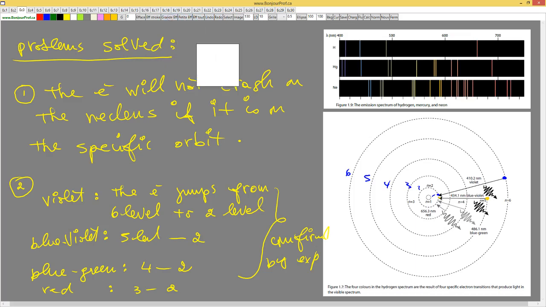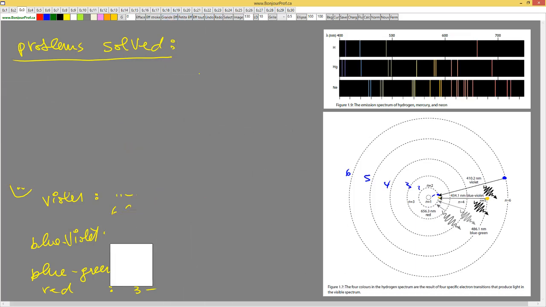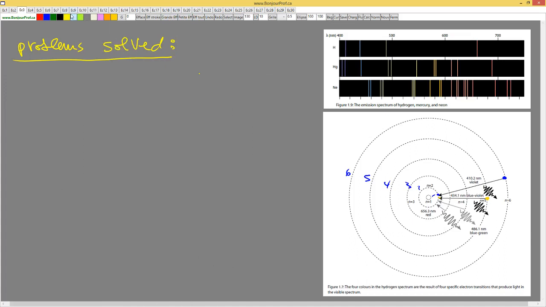So I'm going to summarize what he said: how the jumps are done for Bohr, and when the jumps occur. Jumps can occur from a high level to a lower level.